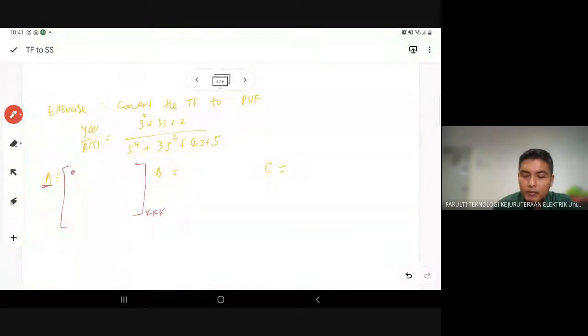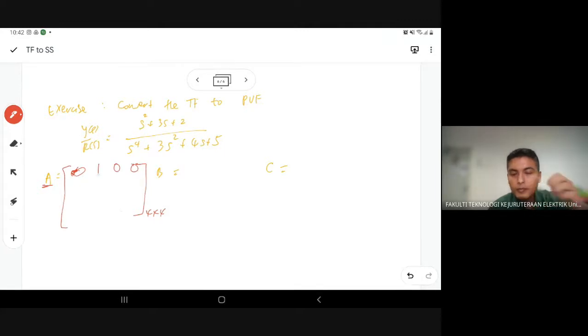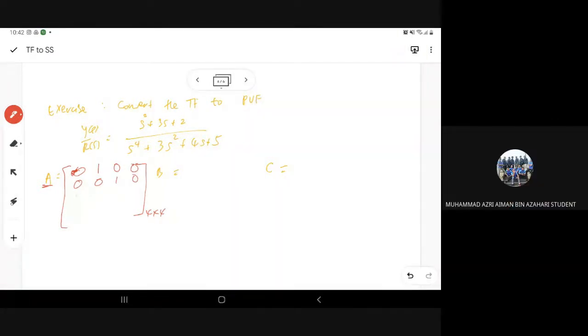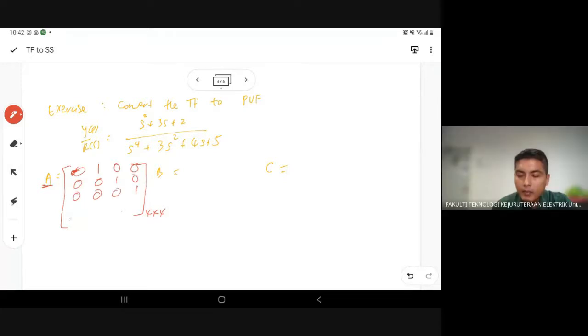Starting from here, what is the value at this point? 0, 1, 0, 0. Next, 0, 0, 1, 0. Next, 0, 0, 0, 1. And the last row will be what?